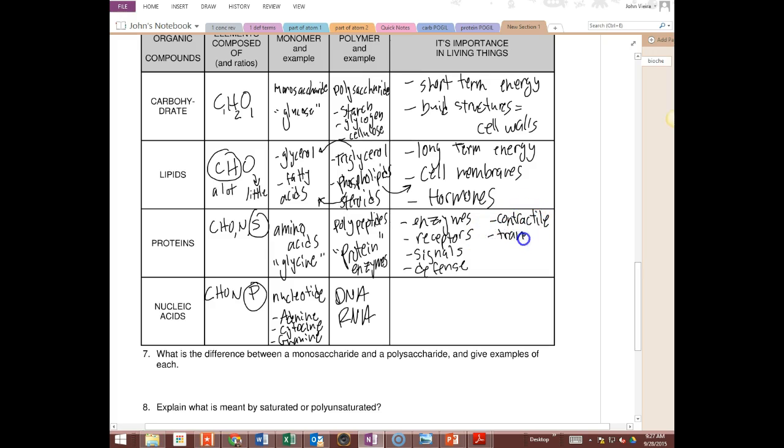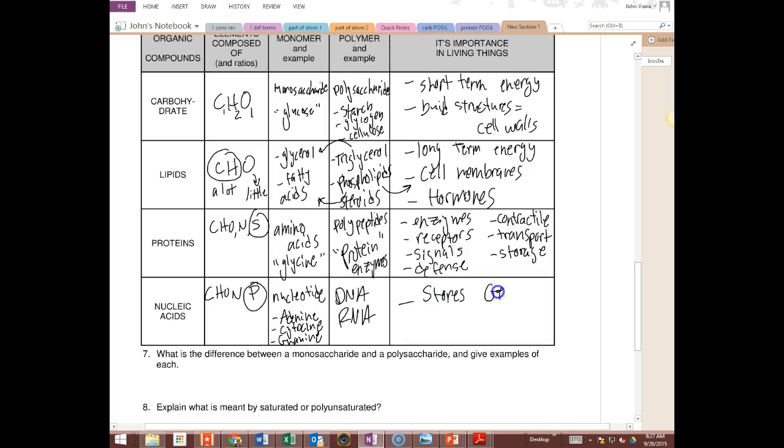We have transport proteins like hemoglobin, which transport oxygen. We have storage proteins. There's a lot of things that proteins do. That's just a couple of them. That's just what, 7.